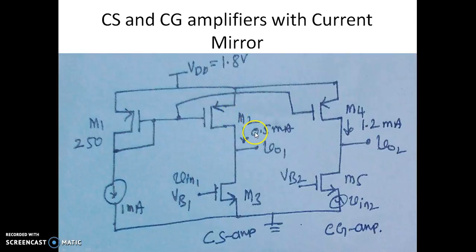So we want to have 0.5 milliampere for the CS amplifier and 1.2 milliamperes for the CG amplifier.